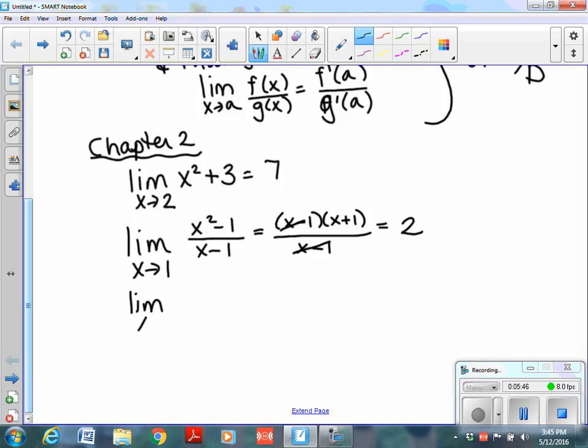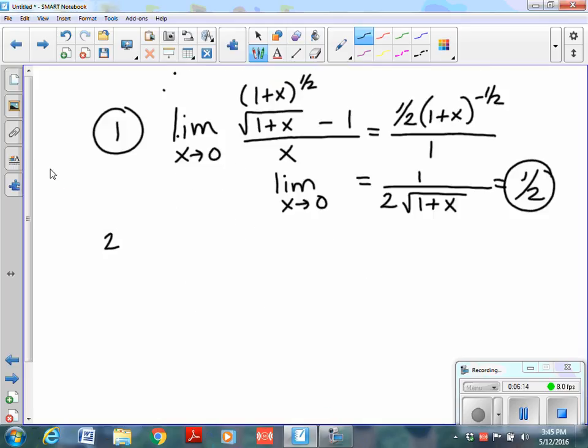The limit as x approaches 1, and L'Hopital's rule says to take the derivative of the top, which is 2x, the derivative of the bottom, which is 1. Now, you no longer will get 0 in the denominator. You substitute the 1 in, and guess what you get for your answer? Aha! Interesting. Okay, let's do some more.